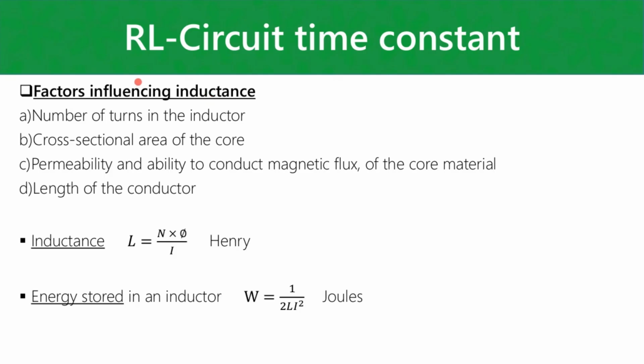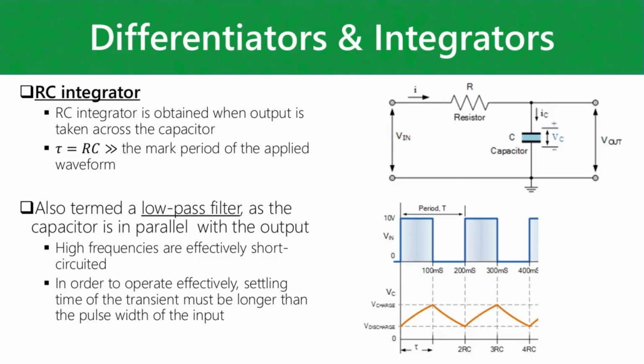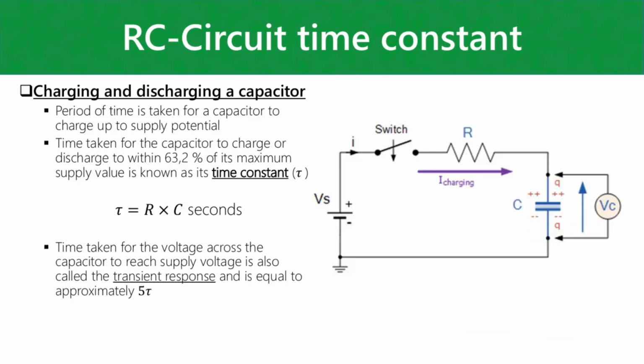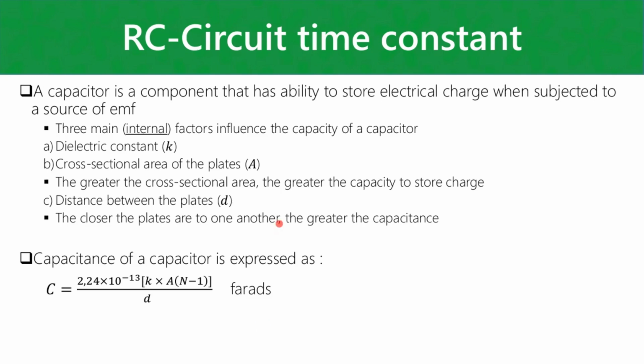Right, so if we take a look at an inductor, if you can remember, the factors influencing the energy stored on a capacitor and its capacitance were the dielectric constant, the cross-sectional area of the plates, and the distance between the plates.